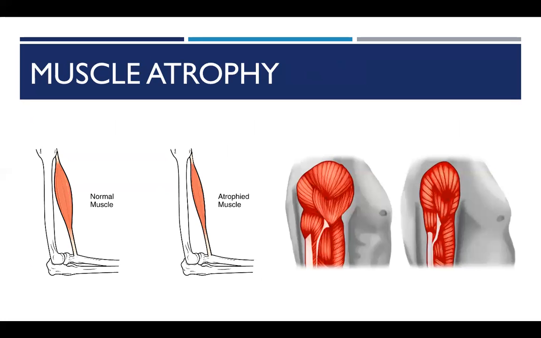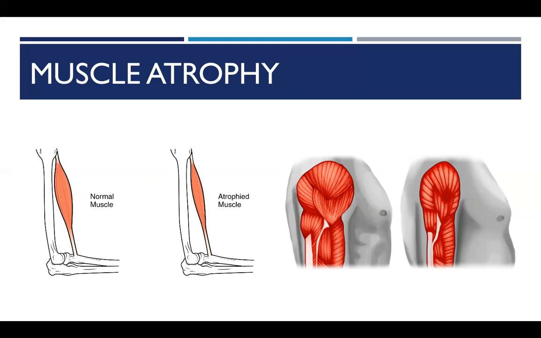So here I have some pictures of muscle atrophy. Here on the far left, we have a normal muscle. And if you compare that to the picture right beside it, it's an atrophied muscle. The difference between the two pictures is that the atrophied muscle is smaller. Again, on the right, same thing, just a little bit different.